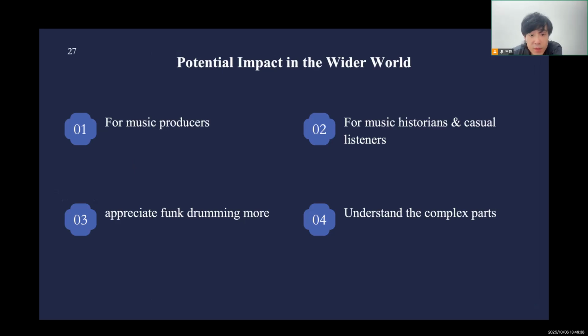For music historians, it helps preserve the unique parts of funk drumming, showing why it's such an important part of music history. For casual listeners, it lets them appreciate funk drumming more. They will hear the complex parts that make the music feel so good.